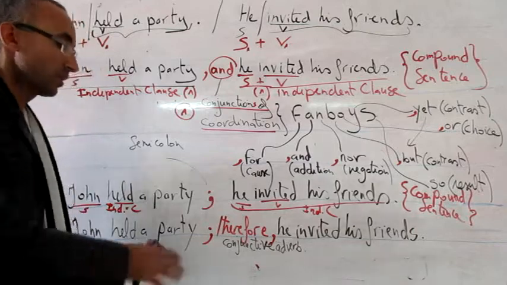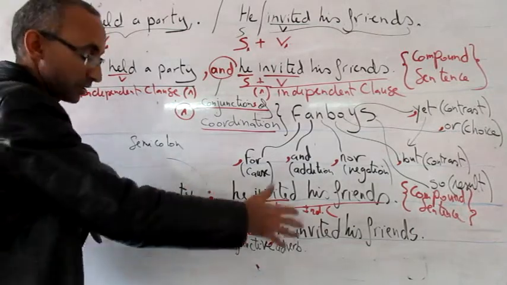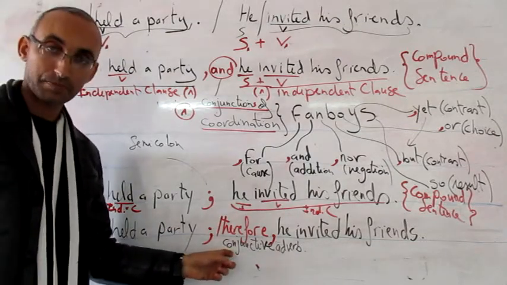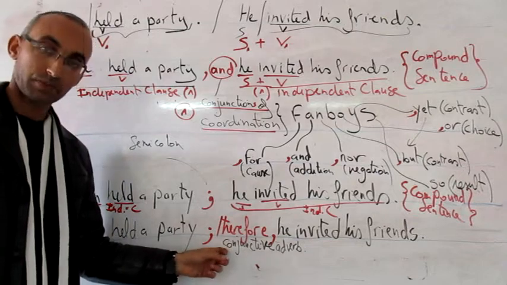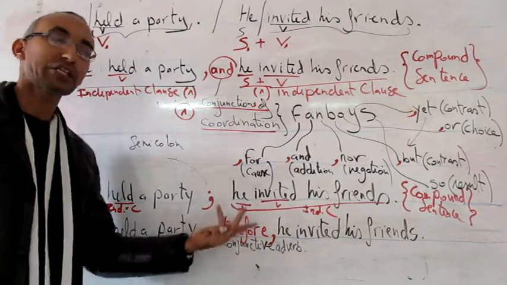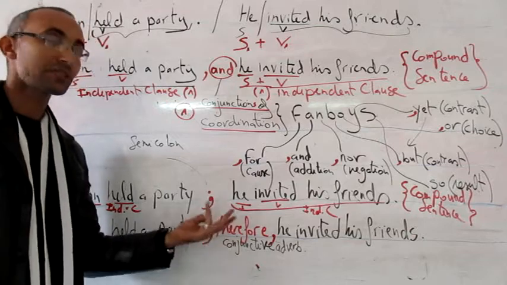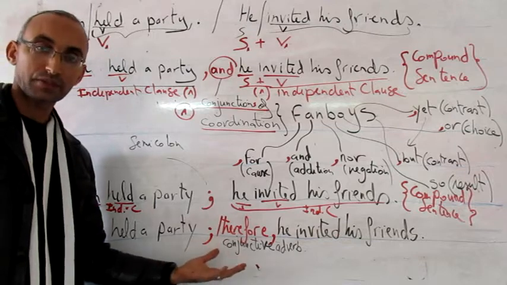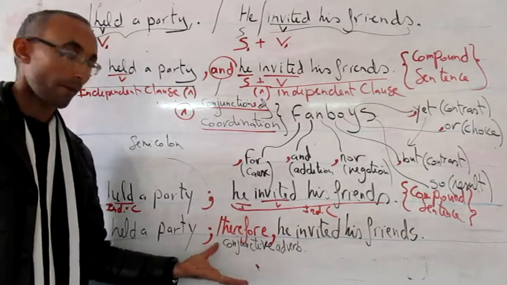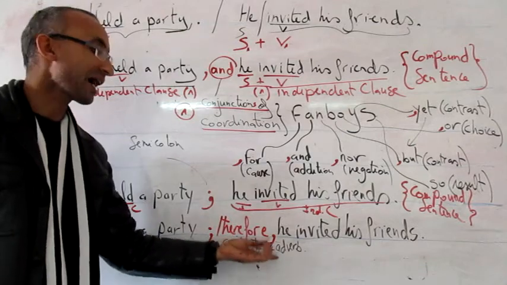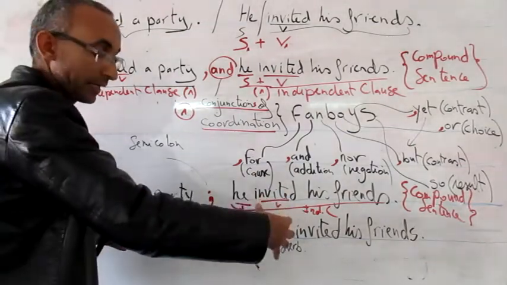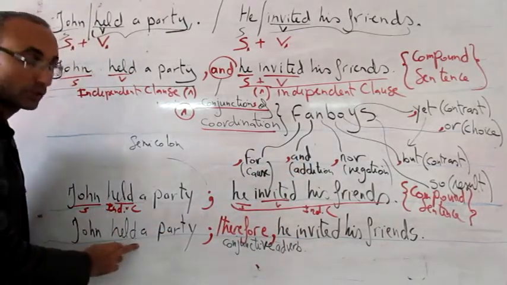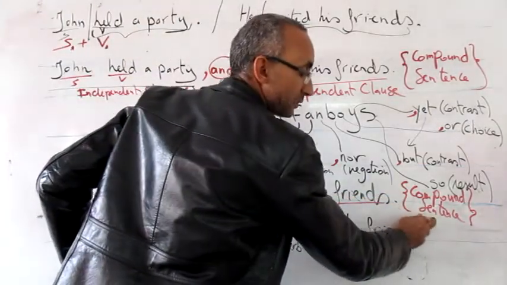It depends always on the logical relationship between the two clauses. We can have therefore for results. We can have however for contrasts. Nonetheless, contrasts. We have therefore, however, also, in addition, consequently, nevertheless, nonetheless, moreover. So all these are considered as what? Conjunctive adverbs, and they are used to join two, or even more, always independent clauses to form a compound sentence.